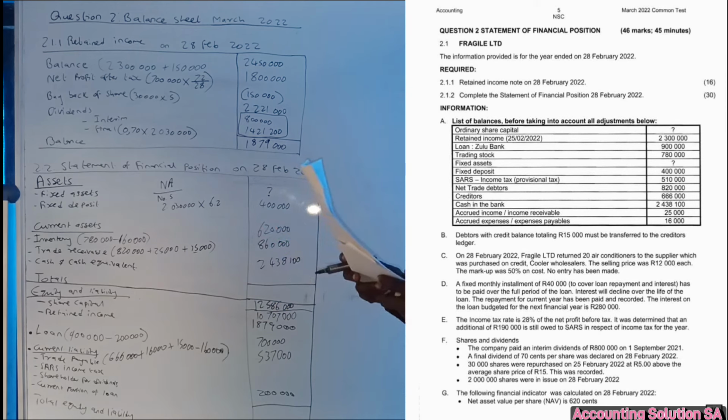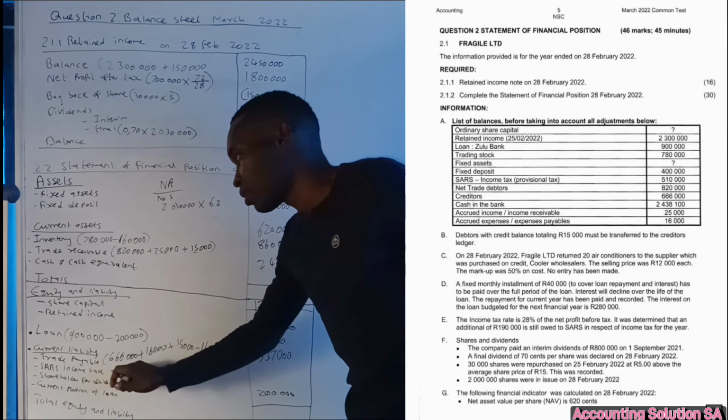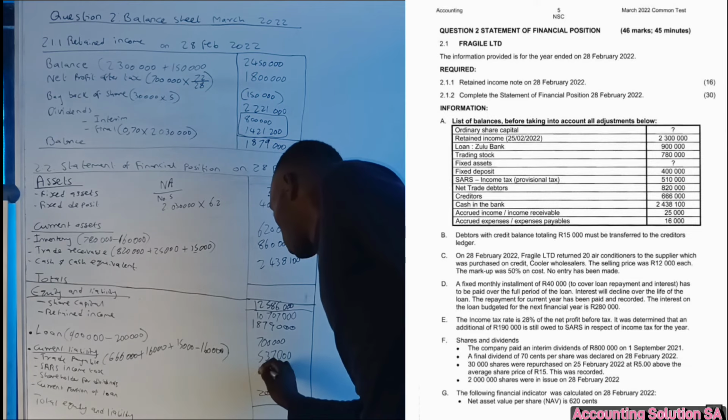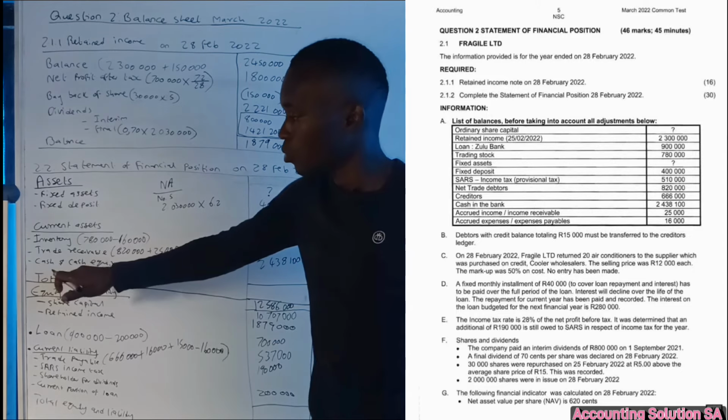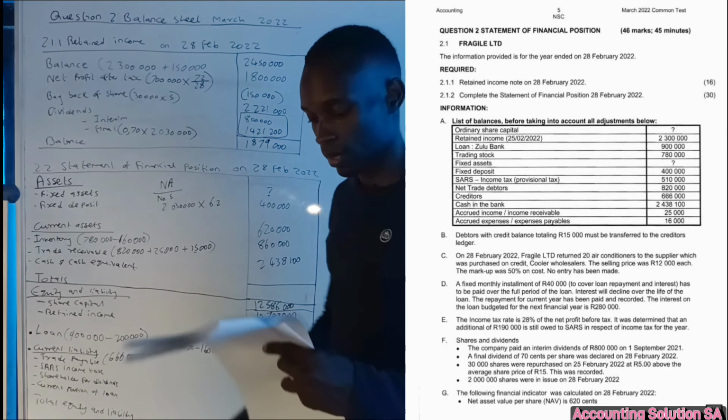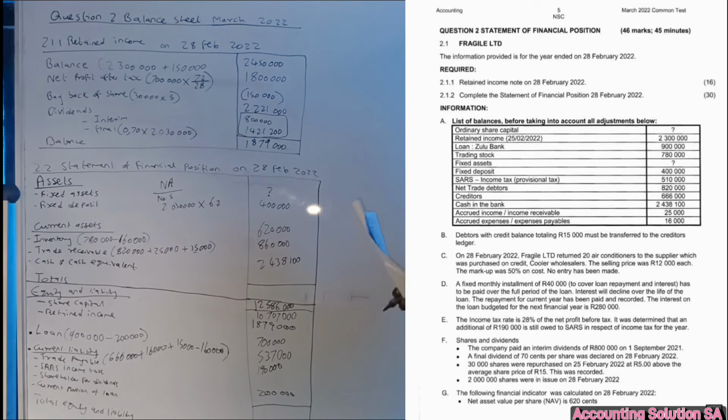Then let's check another one. Remember transaction number E. They say it was determined that an additional 190 is still owed to SARS. We have a 190 liability, SARS income tax of 190. We owe SARS. If it was due to us, it was going to be recorded under assets. Very simple. And another one, shareholder for dividends.